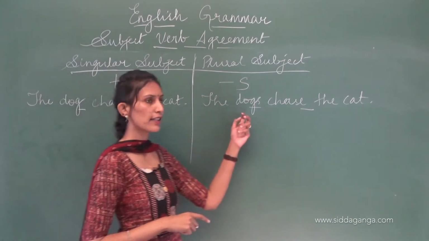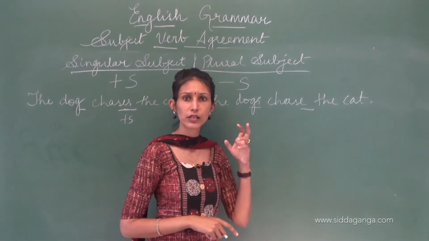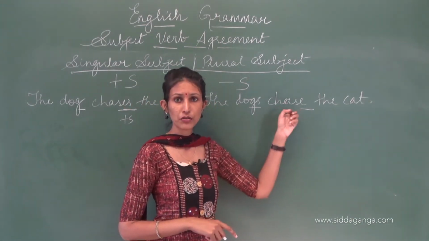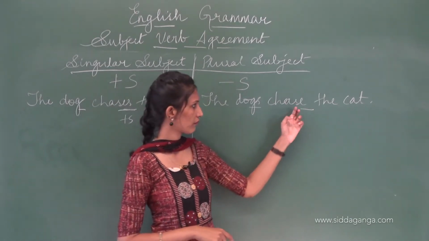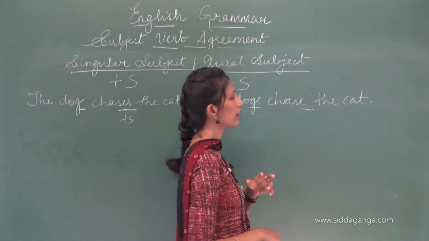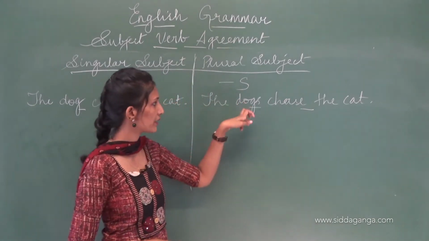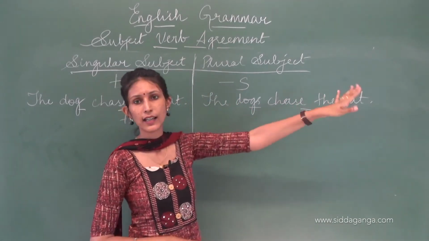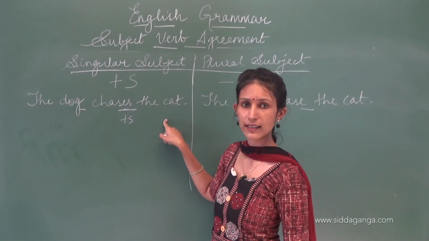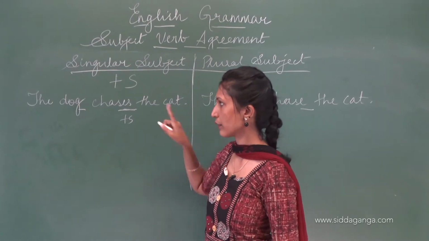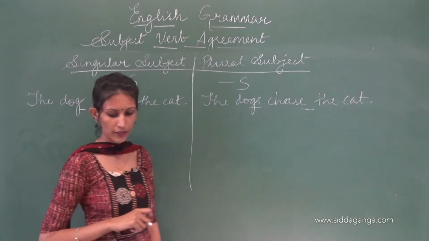If the subject is plural here, dogs, plural, so what you have to do? Minus s to the verb there. So have we minused s? Yes, we have minused s by saying the dogs chase the cat. Here, the dog chases the cat. I hope you're figuring it out. We'll see a few more examples now.